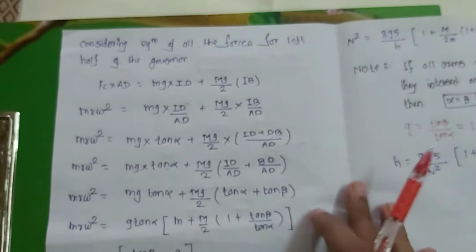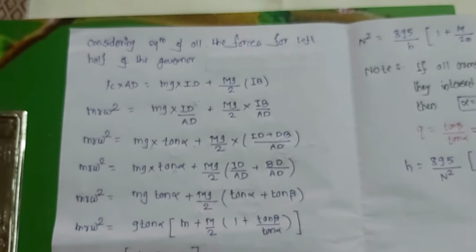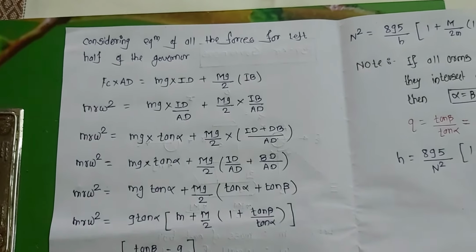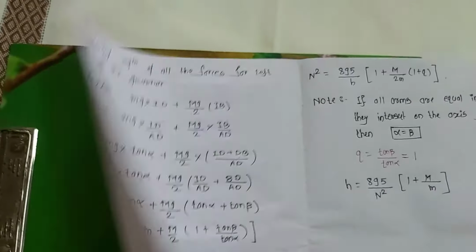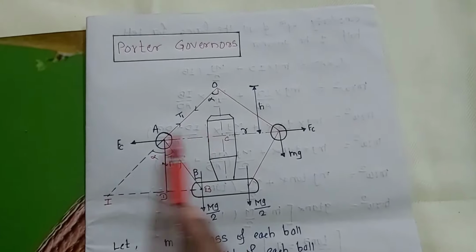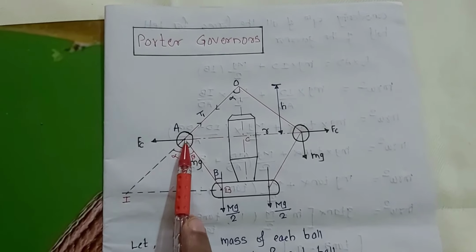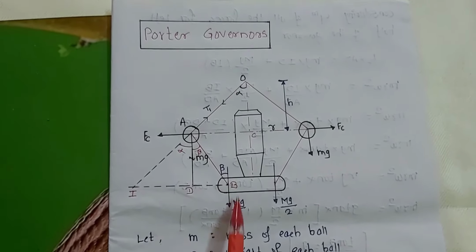Next, we have to find its derivation. For the derivation, we consider the equilibrium of all the forces for the left half of the governor. These are Fc, mg and Mg by 2.